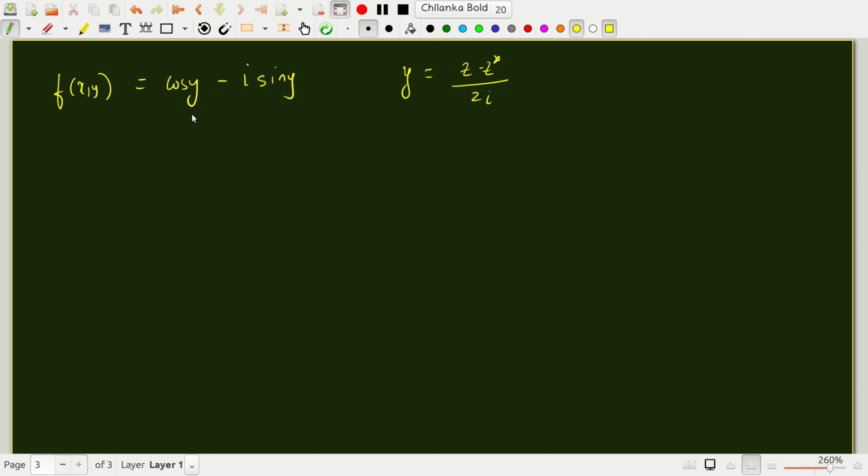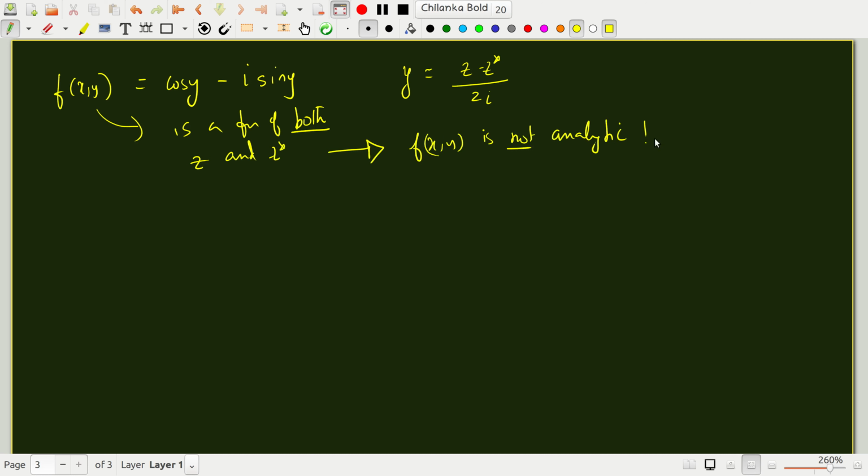So this means that this is a function of both z and z star, implying that this function is not analytic just by inspection. Of course, you can go ahead and verify from Cauchy-Riemann conditions as well. And similarly, let's take one more function.